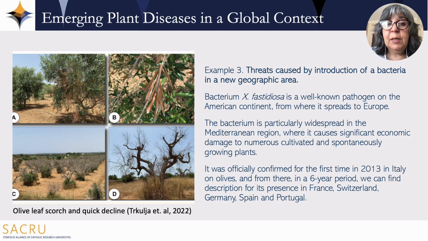So it's spreading really fast in the continent, in Europe. And the problem is that it can reach different woody hosts, where the production of fruits, wine, and grapevines is very important. So this is a really important new emerging plant pathogen, in this case, a bacterial plant pathogen.